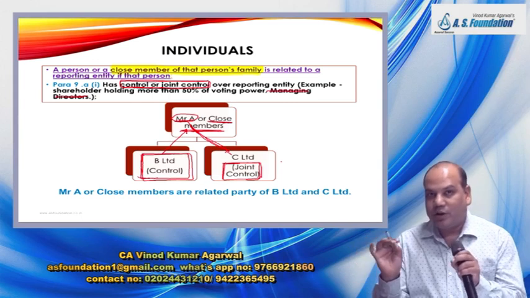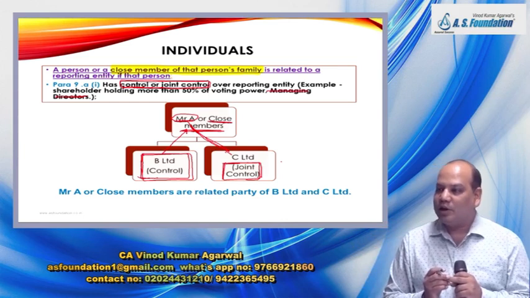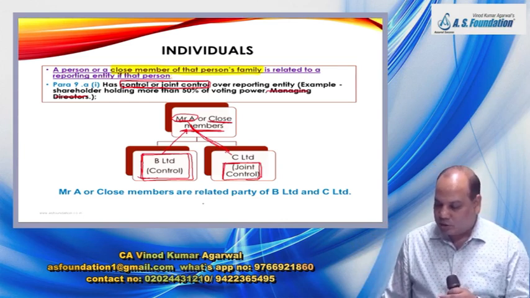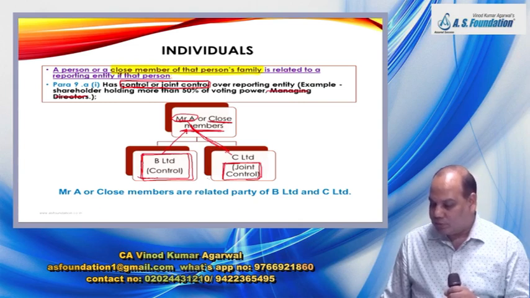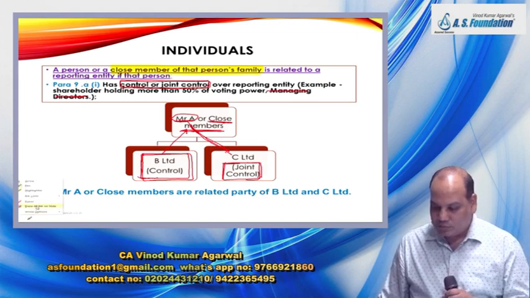Under each paragraph, the entity will say who are the persons who are related parties. Is it right? So Mr. A and close members are related parties of B and C. So paragraph 9A1 gives importance to control and joint control.